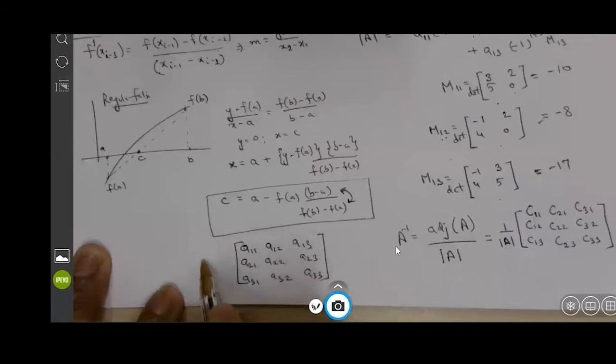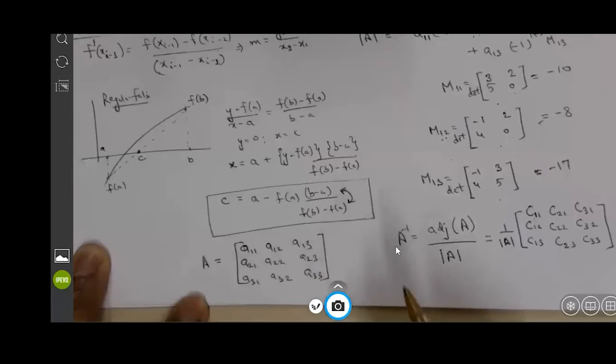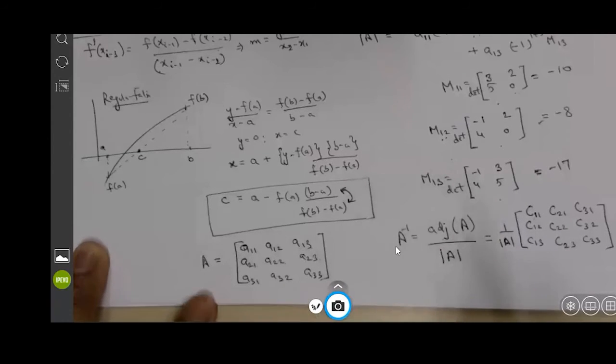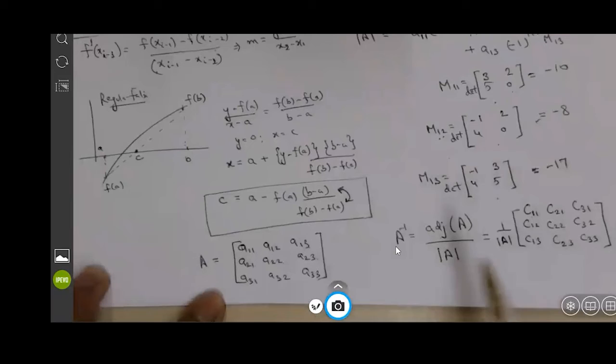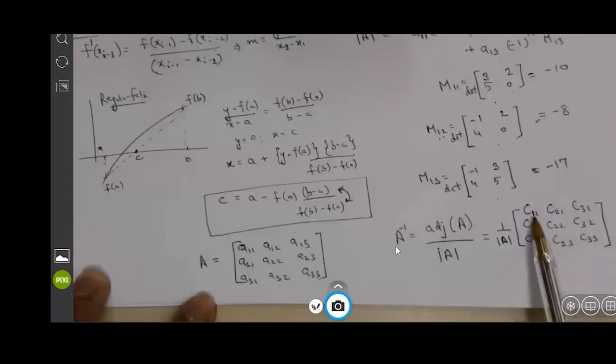But for these specific cofactors, you need to know that they are not arranged that way: C11 and C12 are arranged in a column manner. That is the only thing you have to be careful about while finding the adjoint matrix. The elements of the adjoint matrix are the transpose of the regular order that we generally use.